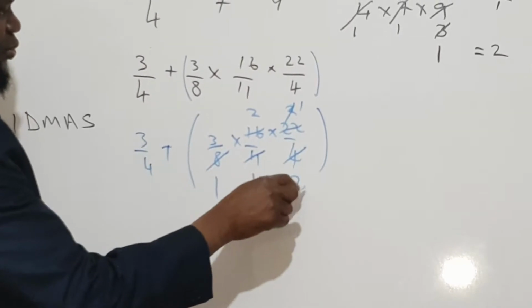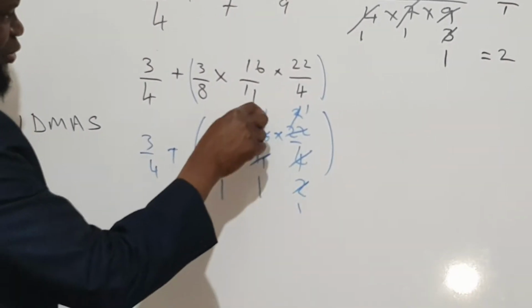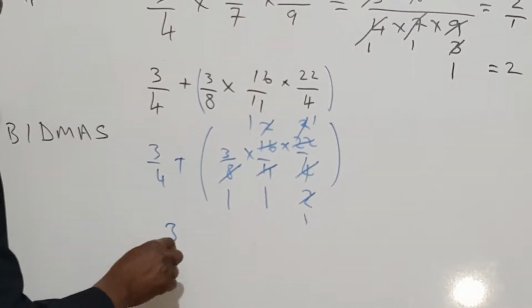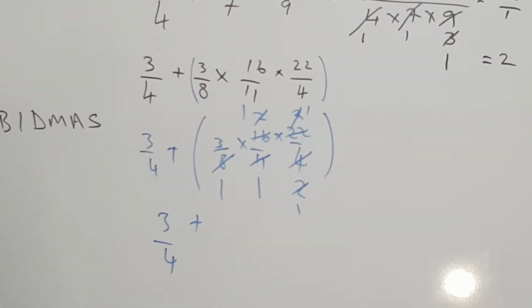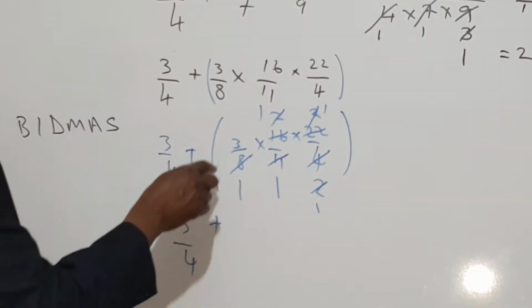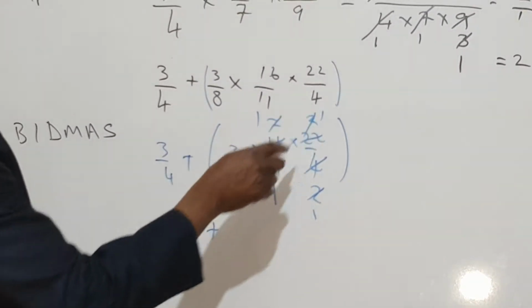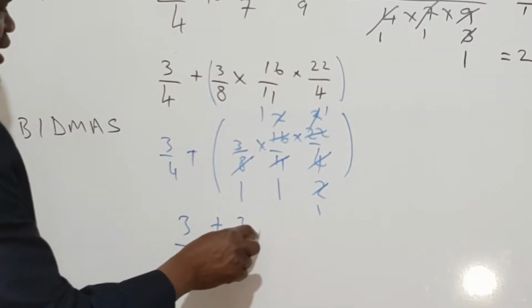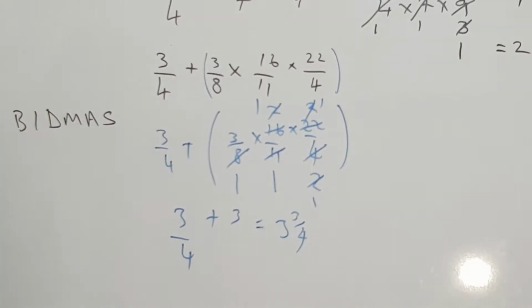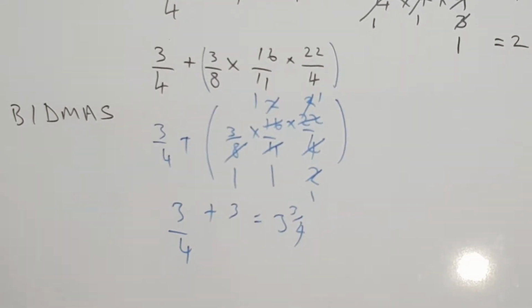So basically you are left with what? 3/4 plus 3/1. You are left with 3 times 1 times 1, and 3/1 is equal to 3. So your answer is 3 and 3/4. You don't need any addition in it, because 3 is the only whole number.